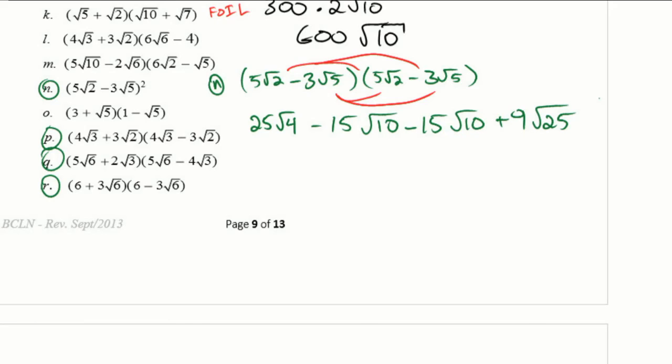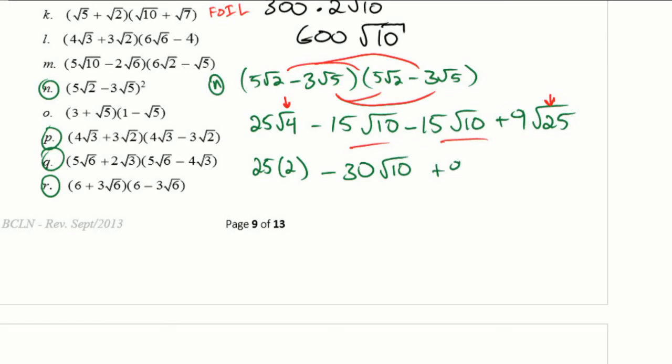All right, now I see that I have a perfect square here, a perfect square here, and then I have some like terms I can combine. There's no perfect squares that go into 10, so I can't simplify that any further, so I'm just going to combine those together. So 25 times the square root of 4, which is 2. I'm going to add these negative 15 and negative 15 to give me negative 30 root 10s.